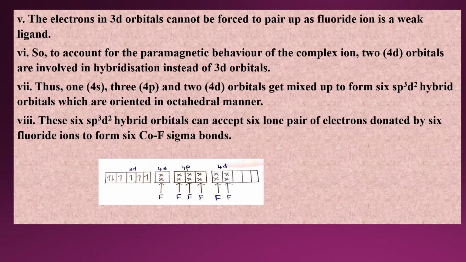So in order to account for the paramagnetic behavior of this complex, two 4d orbitals are involved in hybridization instead of 3d orbitals.